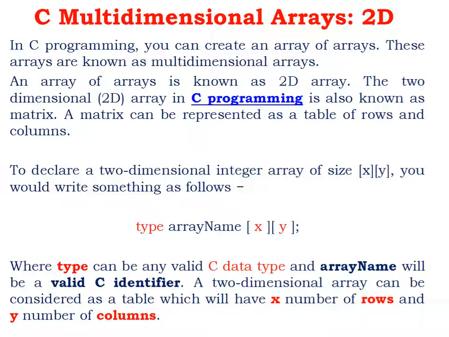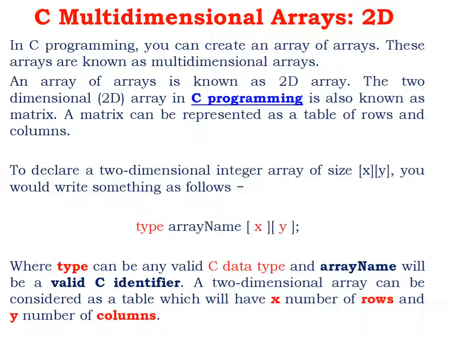Here type can be any valid C data type. It can be integer, float or character. And array name will be a valid C identifier.